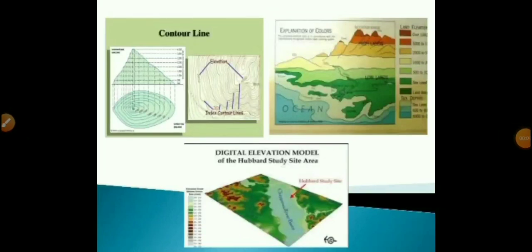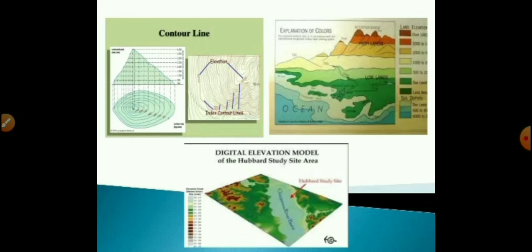You can see the images of these three methods: the contour line method, layer tinting method and digital elevation model. By seeing the images, you come to know that it becomes easier to measure the height and the elevation of landforms that are present on the Earth's surface.